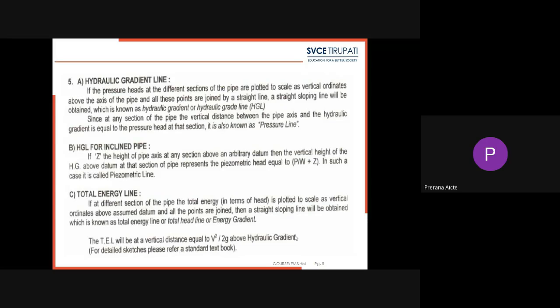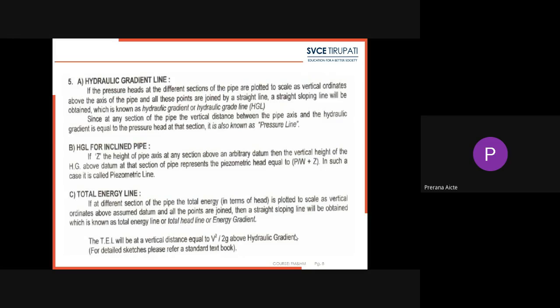The total energy is plotted to a scale as vertical ordinates above the datum, and when all the points are joined, we get a sloping straight line. That straight line is called the total head line, total energy line, or energy gradient. The total energy line will be at a vertical distance equal to V²/2g above the hydraulic gradient line. The hydraulic gradient line consists of only pressure head and datum head.